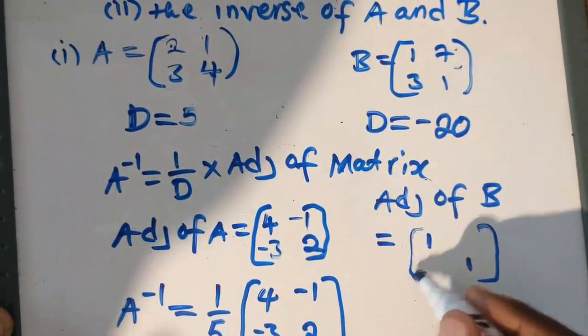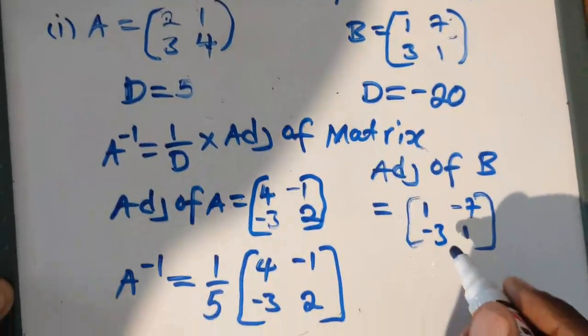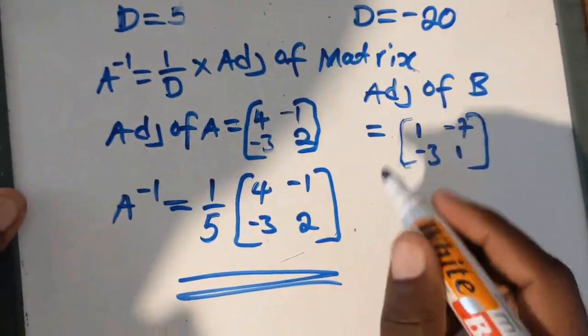Then the others will be negative 7 and negative 3, like that.